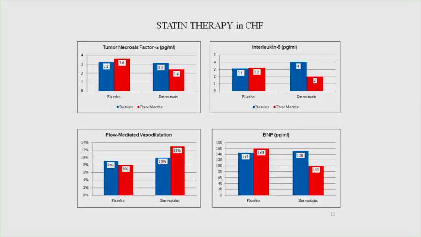Tumor necrosis factor alpha rose over 3 months with placebo therapy, as you would expect. It fell slightly with simvastatin. Interleukin-6 fell. Flow-mediated vasodilatation, a measure of endothelial function, improved with statin therapy. BNP, the cardiac marker of stress or strain, fell, while it rose with placebo therapy.